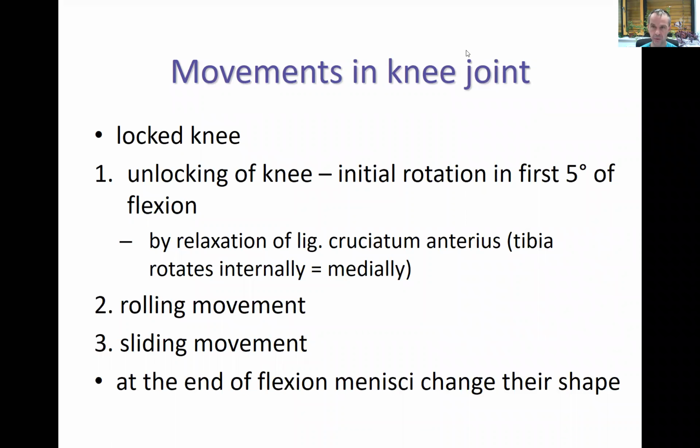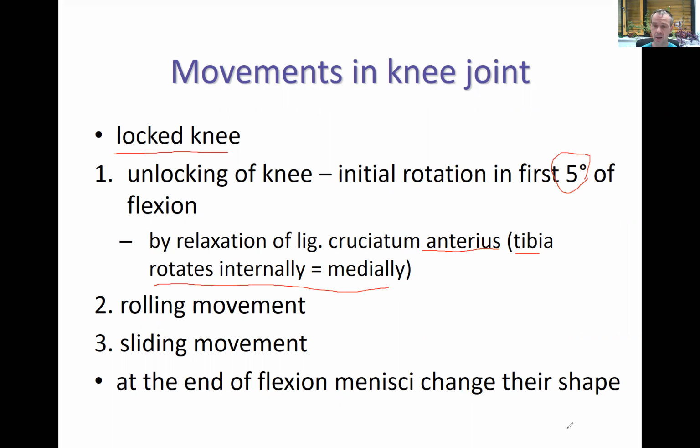So in full extension, in the basic anatomical position, we are in the position of the locked knee. To unlock the knee, we have to relax the cruciate ligaments, mainly the anterior one. And this is reached by rotation of the tibia. The tibia rotates internally 5 degrees. In the first 5 degrees of flexion, the tibia rotates a bit medially.